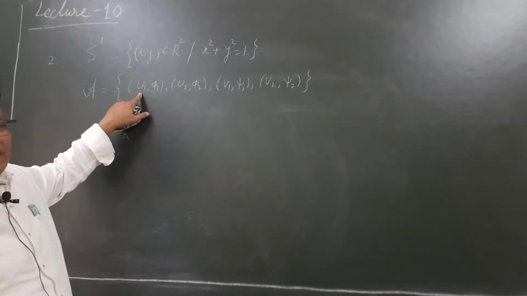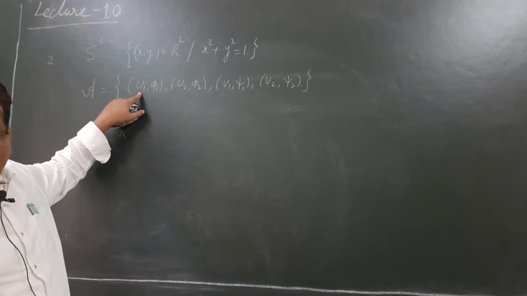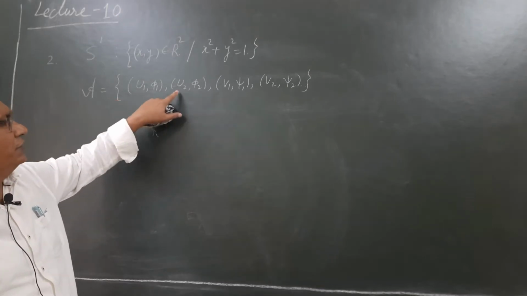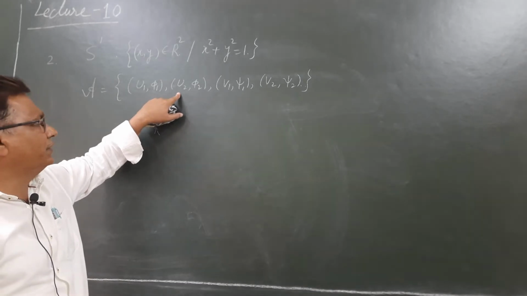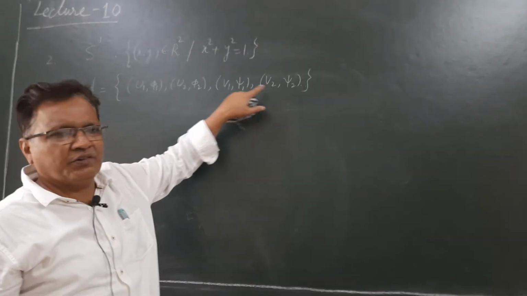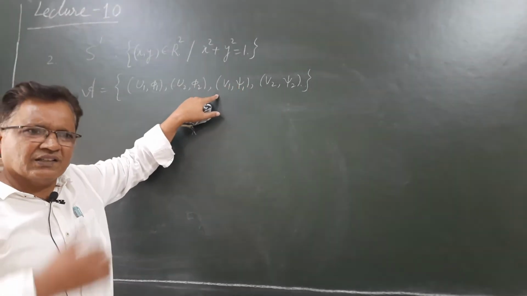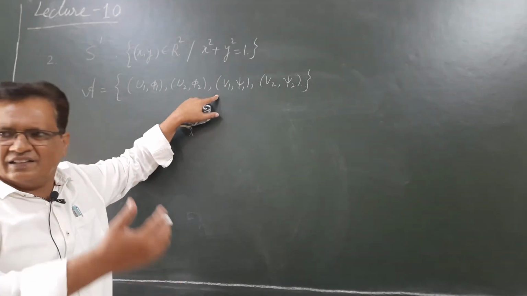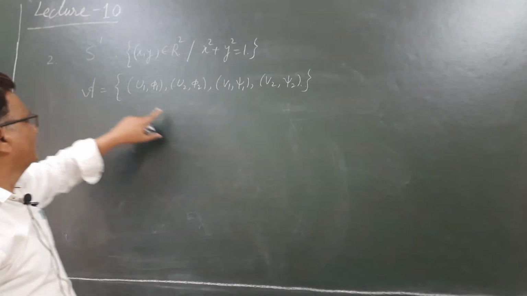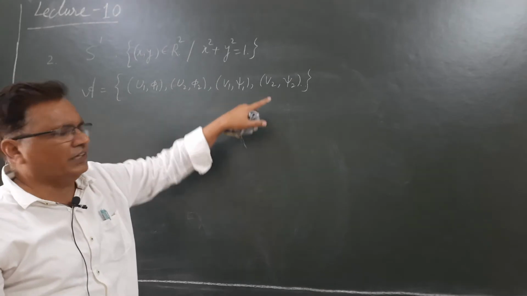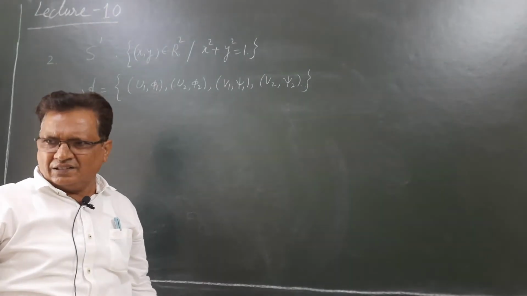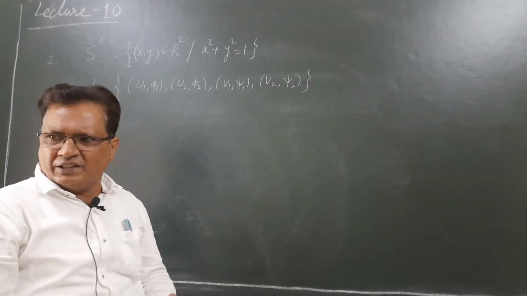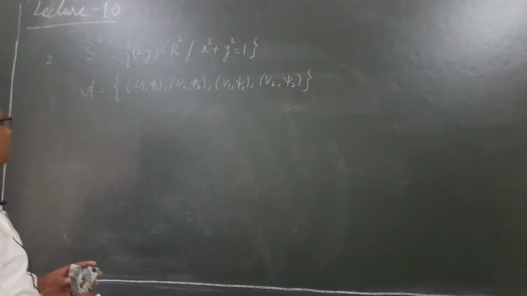U1 is the upper semicircle, endpoints excluded. U2 is the lower semicircle, endpoints excluded. Similarly, V1, V2 are semicircles to the right of the y-axis and to the left of the y-axis. Phi 1, phi 2, psi 1, psi 2 are projections onto the coordinate axes. I should not go into the details, you remember all these things.